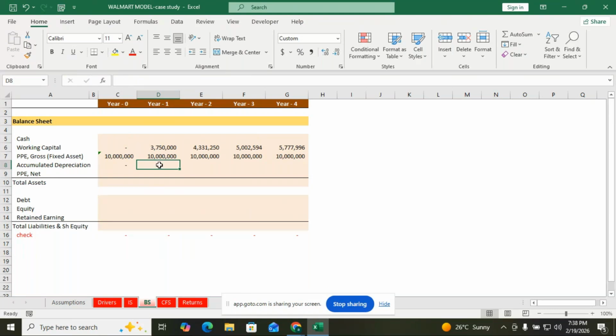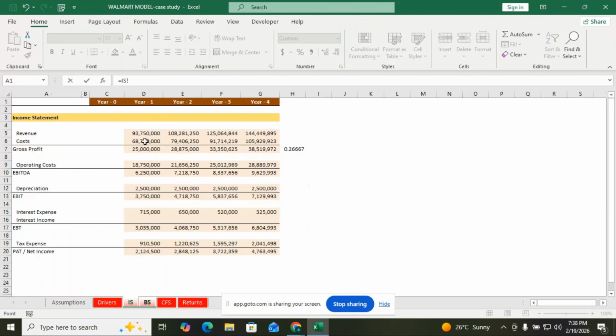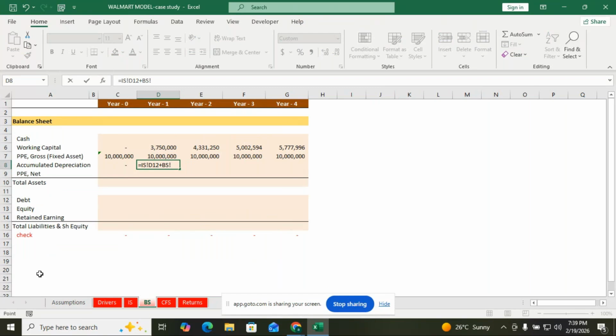So for year 1, it equals the current year depreciation. The current year, where do I have it? I have it in the income statement. You can do either of the ways, but it is safer to select the current year depreciation. So equals, go to your income statement, select your current year. Year 1 depreciation is here, 25 lakh. Plus, come back to your balance sheet and add your year 0 depreciation.